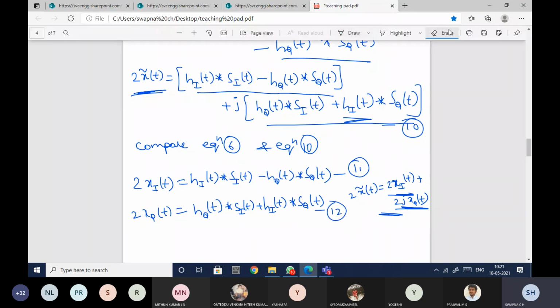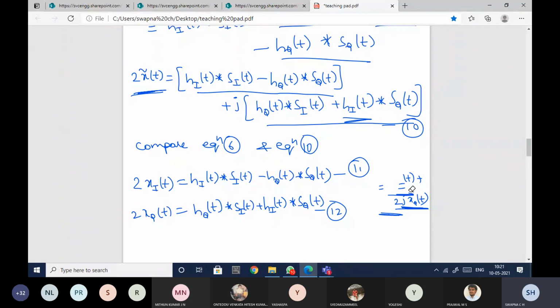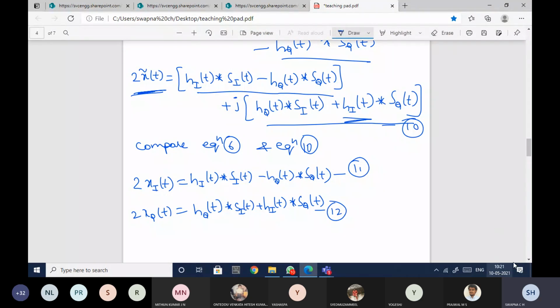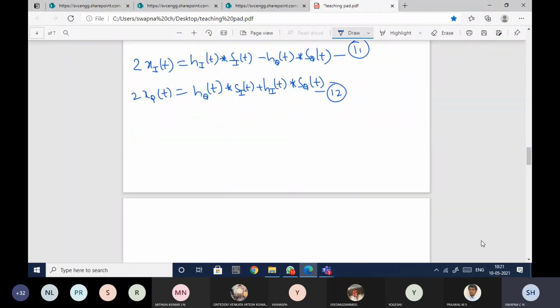Let me erase this sixth equation, I don't need it here. So I need to represent this, and to represent it I'll use the 11th and 12th equations.